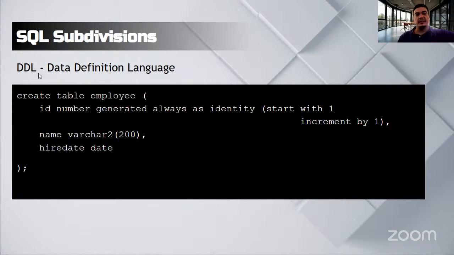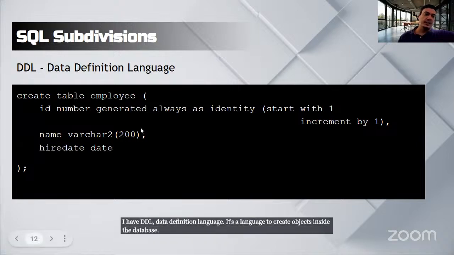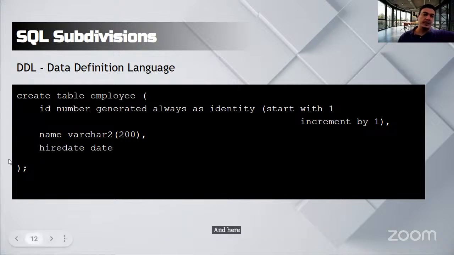I have DDL, Data Definition Language, a language to create objects inside the database. And here I display a classical create table employee with the columns ID, name, and hire date.